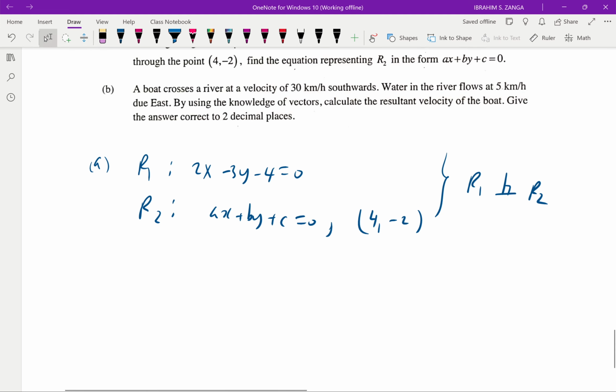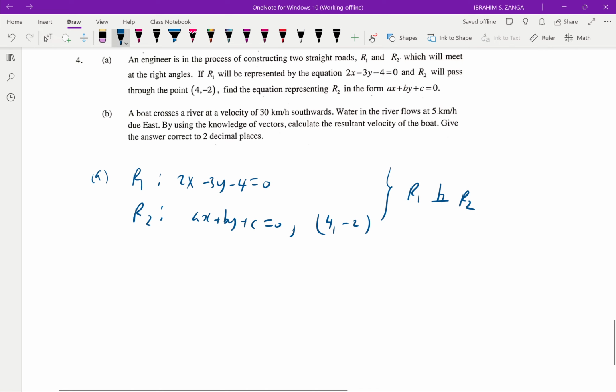So if that is the case, dear students, what we are going to do here is find the gradient of Road 1, and from here we are going to make y the subject. So 3y will be equal to 2x minus 4.